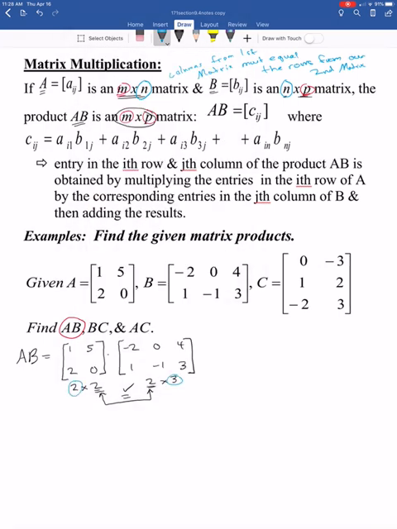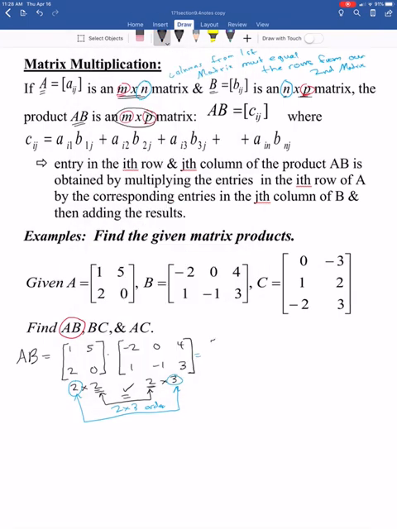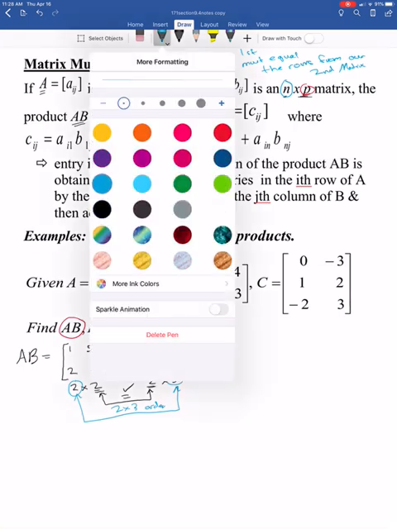The product of our matrix is going to be a 2 by 3 order. So when we build our matrix over here, we're going to need a matrix big enough for 2 rows and 3 columns. So we're going to need a 2 by 3 product.